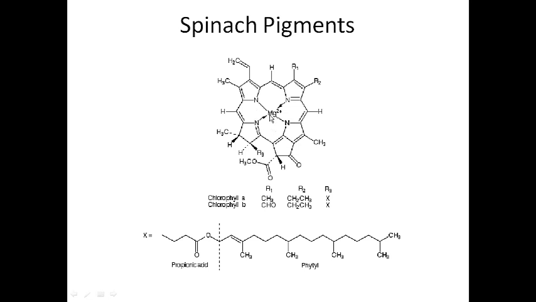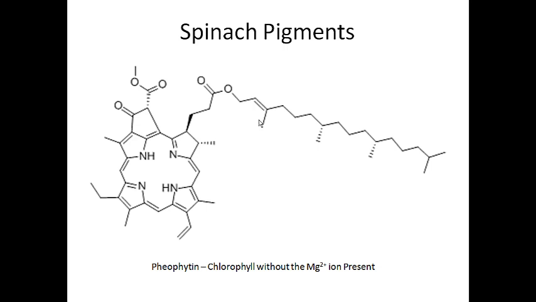Sometimes under acidic conditions you can lose the magnesium, which means that your pigments would turn from a green color to a grayish color. As we'll see in the experiment, the pheophytins are gray. And you don't want to open up your can of spinach, which you probably don't want to do anyway, but if you did, you wouldn't want to see it gray.